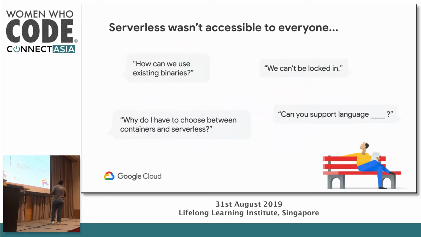Right, when we first created App Engine and Cloud Functions, we had customers asking about how they can bring in existing binaries or old binaries like Python 1.3, for example. And people started asking, do I actually have to choose between containers? Can't I just run everything in a serverless manner?